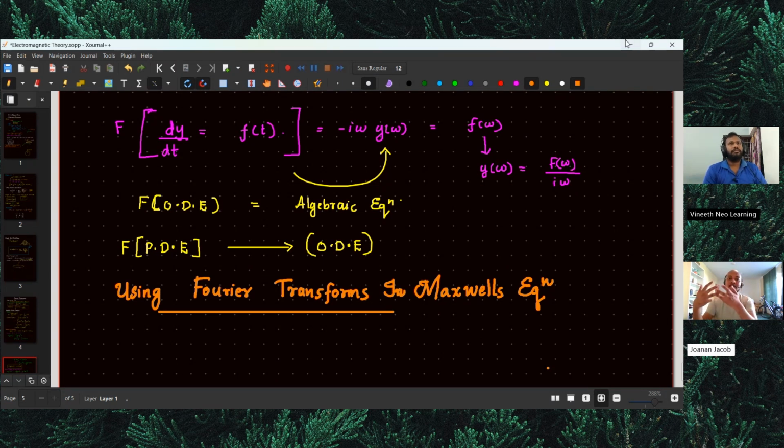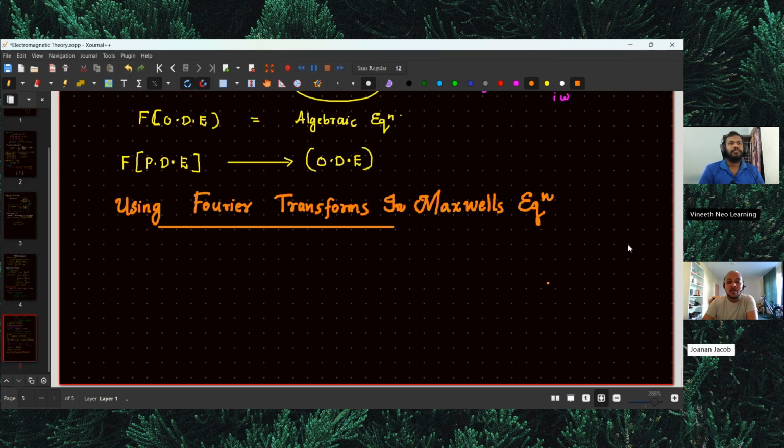There are two things: we will learn about Maxwell's equations as a whole, and we will learn about how the Fourier transform helps us in solving Maxwell's equations. Okay, now let's start.